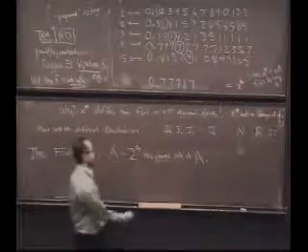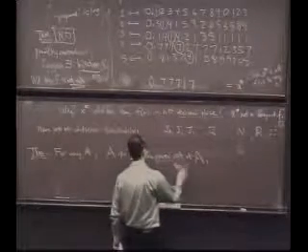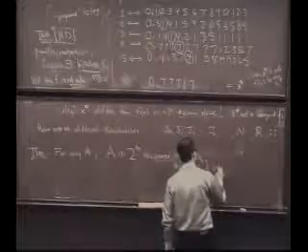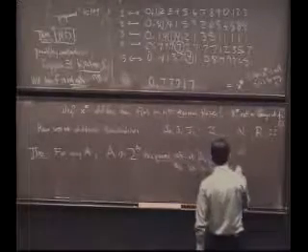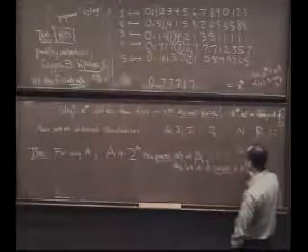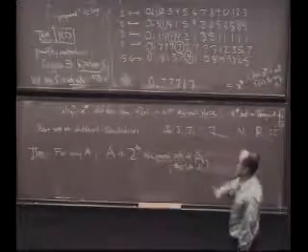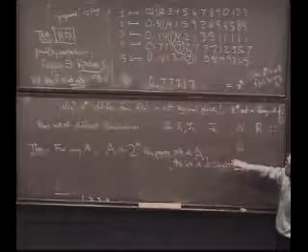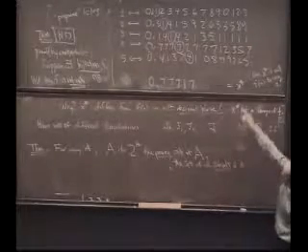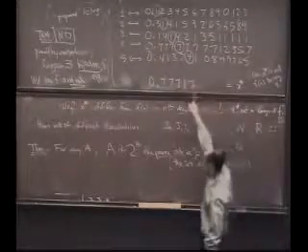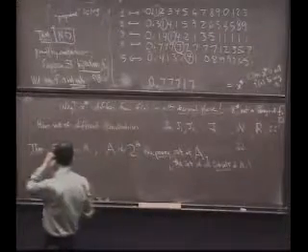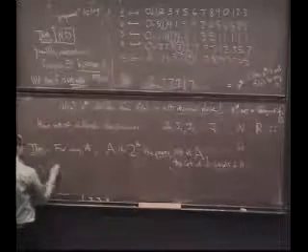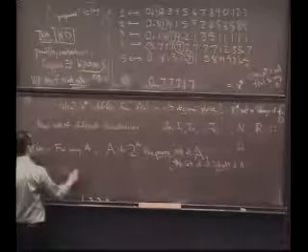The power set of A is the set of all subsets. 2 to the A is just a notation for the set of all subsets of A. This is a theorem which you should try to prove. I claim it actually uses a very nice argument. The argument we used for the rationals can be reused here. Proof: it's a diagonalization argument.